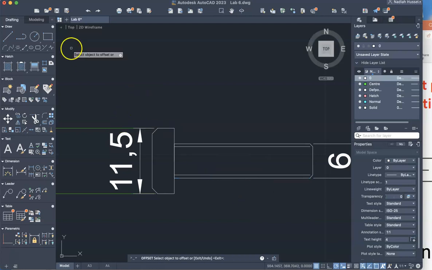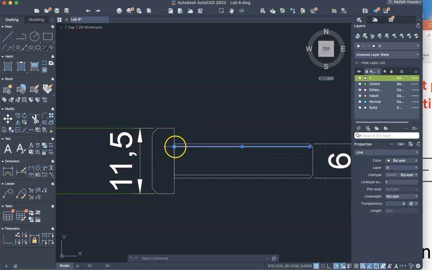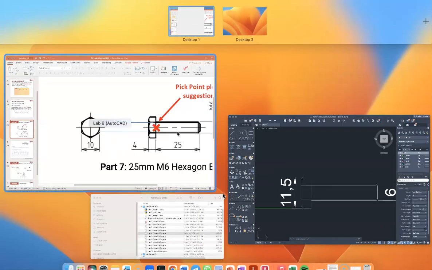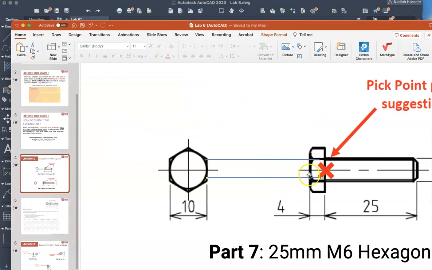Okay, so now I am going to extend this line because I am very lazy. Like so, and then this guy, extending it. And now I am ready to make my arcs. We have several ways to do this. We can make an arc, but this is not really a circle, right?